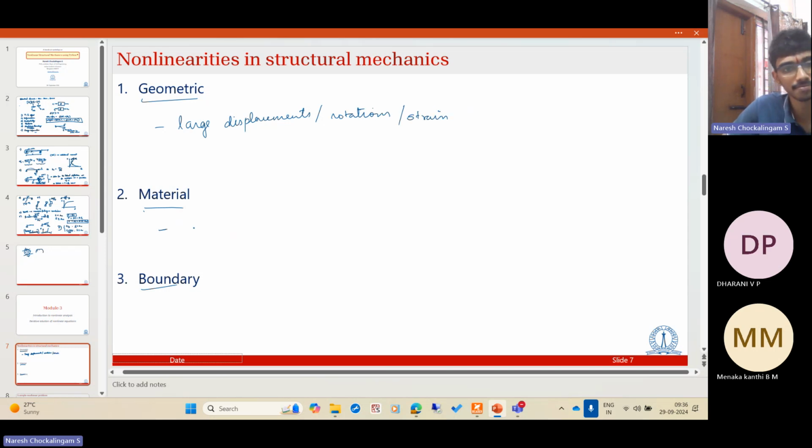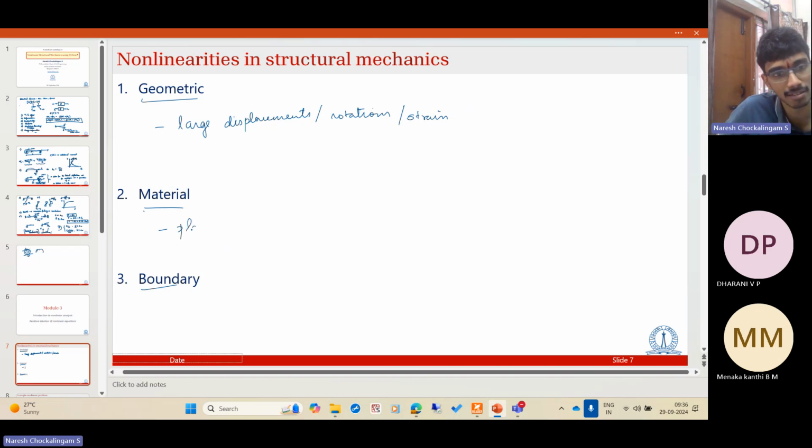And material is when, ideally, a linear elastic solid is linear. Everything else is nonlinear. So if you have a nonlinear elastic solid, it is nonlinear. You can have a linear inelastic structure, such as a plastic beam, an elastic plastic beam. So that is material nonlinearity.